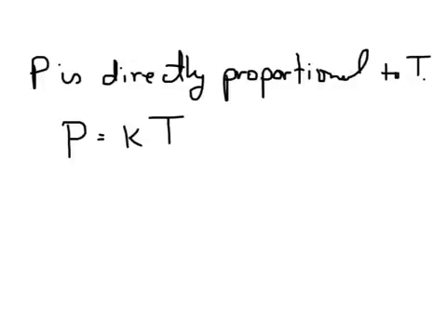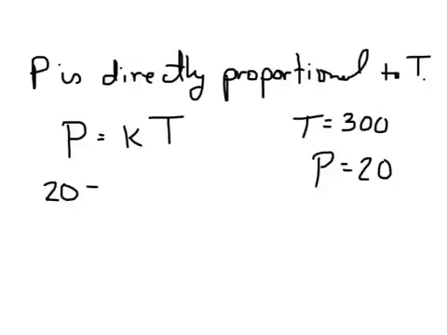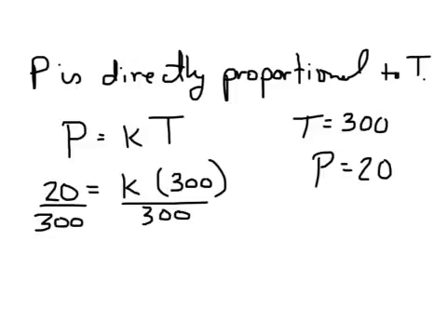Again, it's going to give you that if T is 300, then P is 20. So you're trying to figure out what k is. I put 20 in for P, I don't know k, I put 300 in for T, and then I divide by 300. When I reduce that fraction, I end up with 1 over 15.